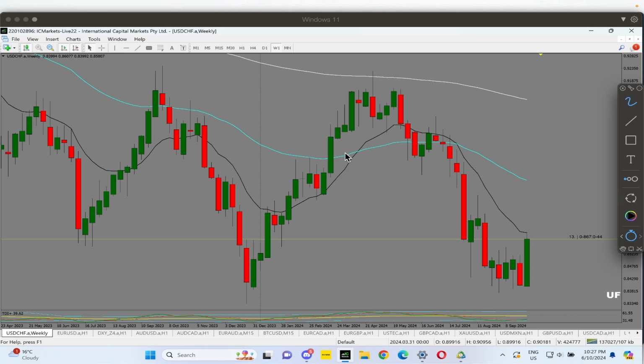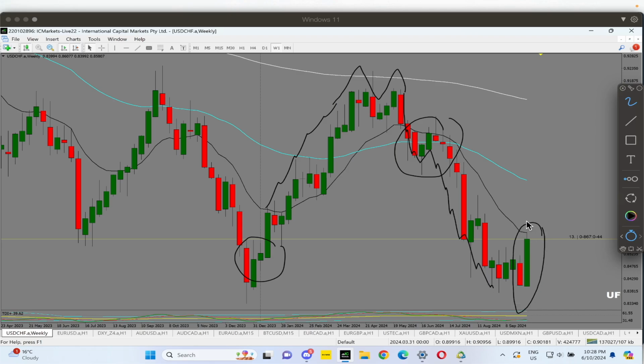You can see that it has also formed the peak formation like the dollar index, and you can also see that pullback right there like the dollar index. And again, from the start of the year, you can see that it has been buying like the dollar index, and now it has been selling like the dollar index, and it also has a candle like the dollar index.